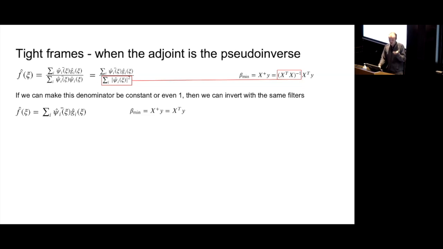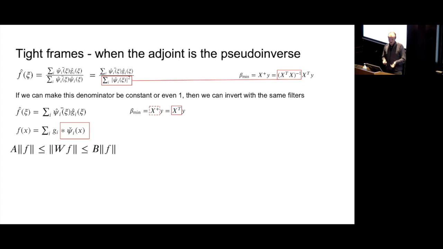And actually what happens here is that our pseudo inverse is just our transpose. That's the sort of linear algebra correspondence. So then our inversion is just a convolution of our different outputs with the flipped filters, and then you're done. So that's an interesting property to have.